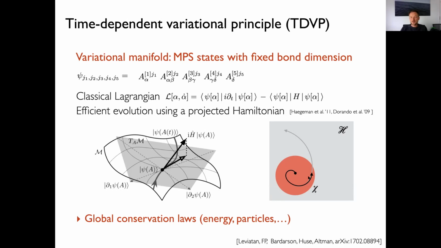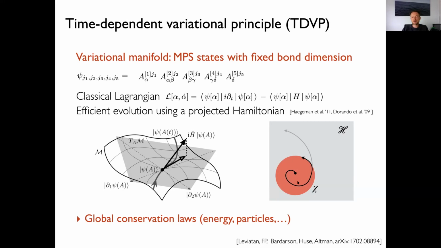In a conventional approach, this is the point where we would stop the time evolution, because the moment that we reach this boundary, the simulation is biased, so we build up an error. But the assumption to just keep going is based on the fact that, using this time-dependent variational principle, global conservation laws such as energy and particles are still conserved.